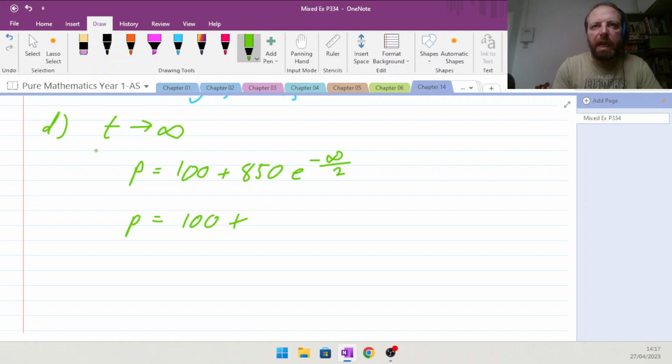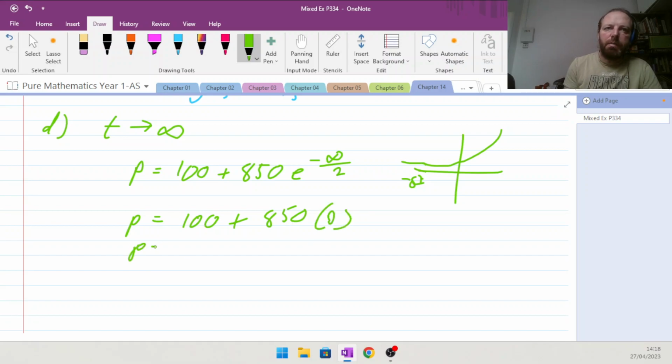So what happens as we raise e to the power of something really big and negative? Okay, when we have a really big negative number in there, we end up with e getting to about 0. It becomes 0 because if you think about the graph, it comes like this, and so as you end up with a negative infinity, it's getting closer and closer to 0 every time. So times 0, so basically P is equal to £100.